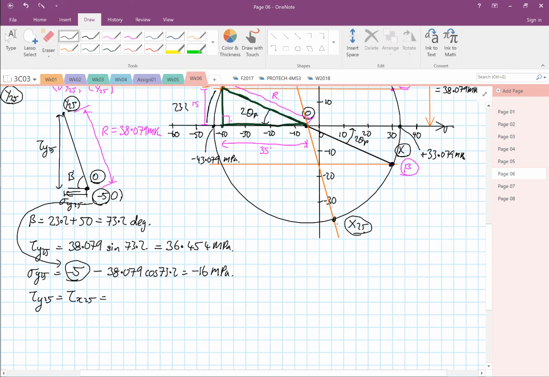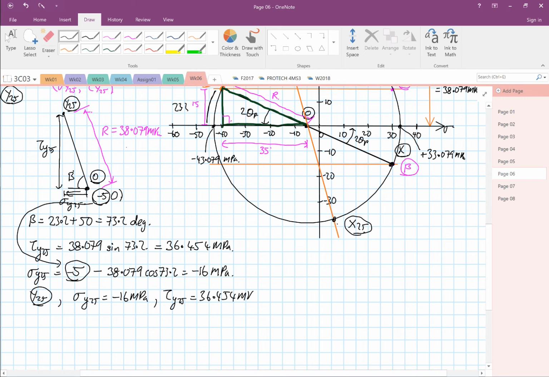What we have indicated down here is that at Y25, our normal stress is minus 16 megapascal, and our shear stress Y25 is equal to 36.454 megapascal.